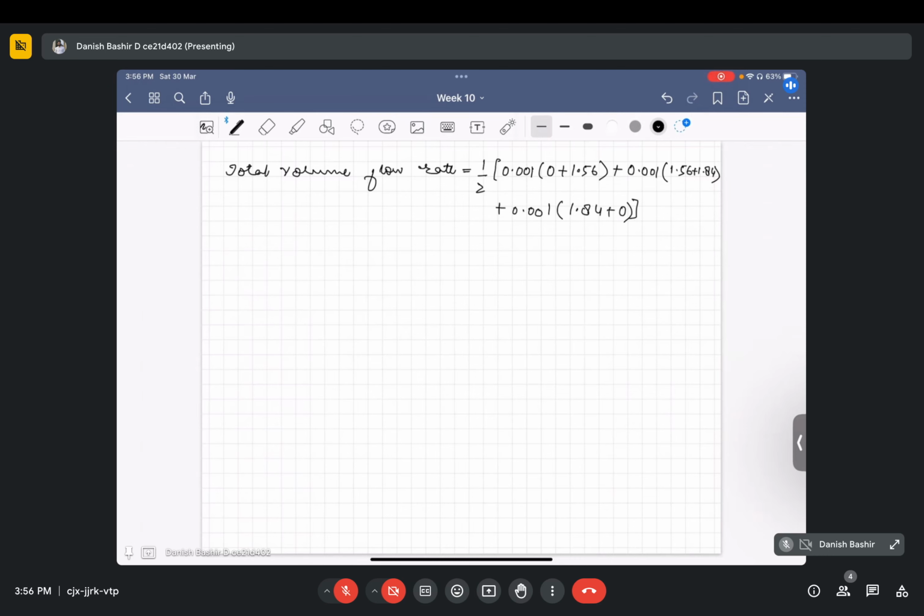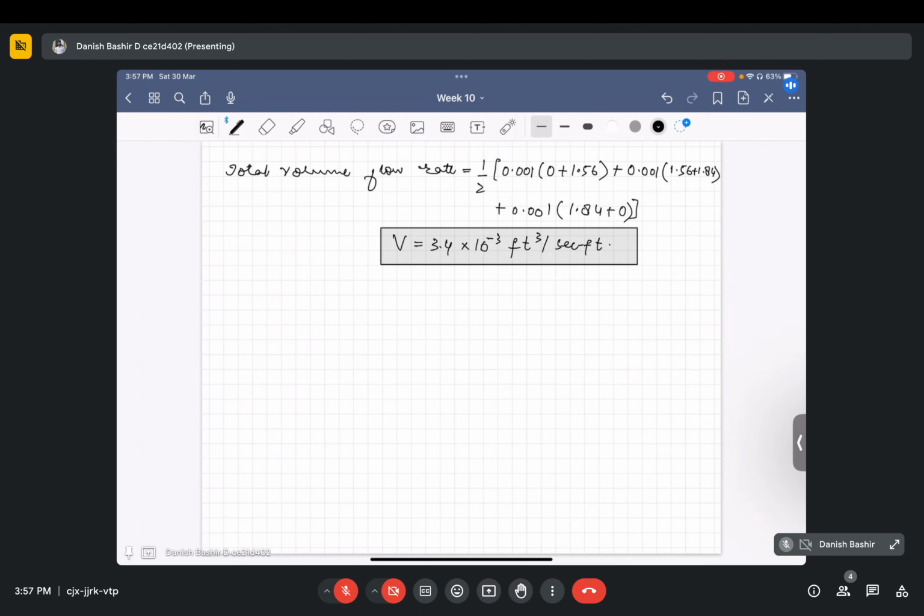So it comes out to be volume flow rate V equal to 3.4 into 10 to the power minus 3 feet cube per second. Okay. So this is the value we got.